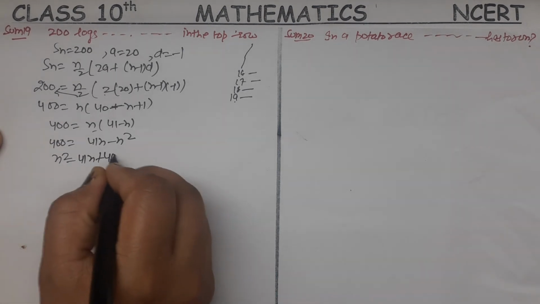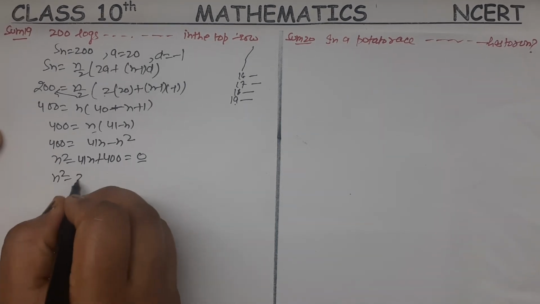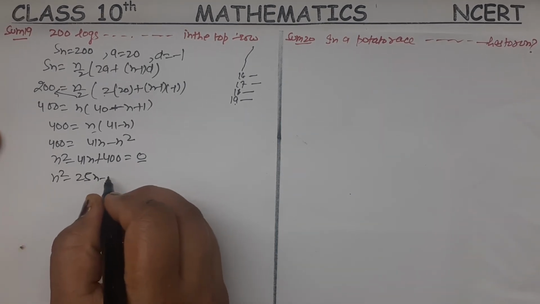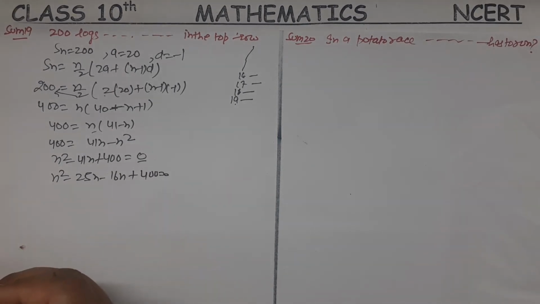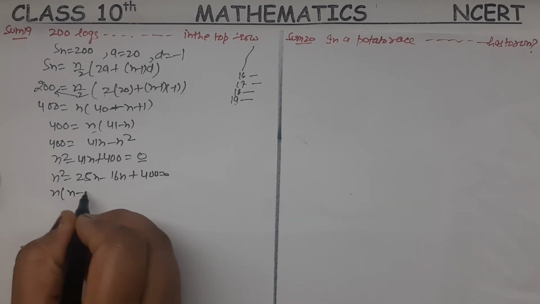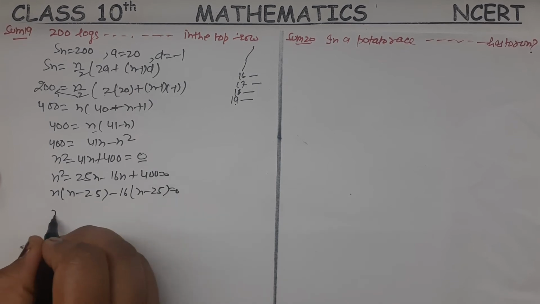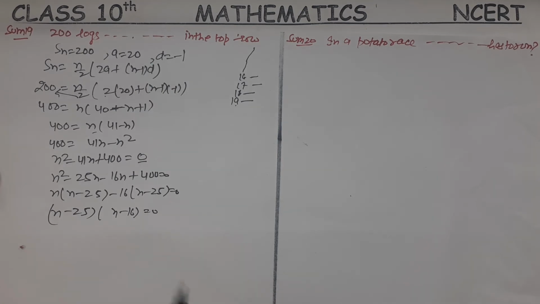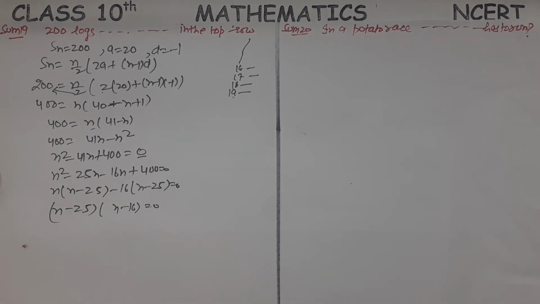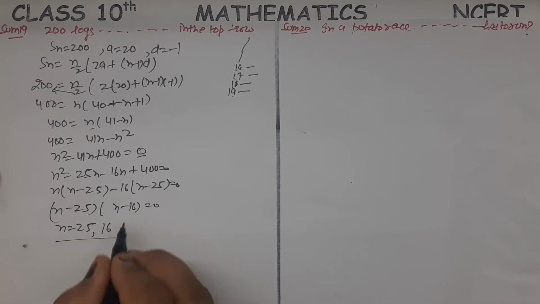Standard form. Make the right hand side 0. Now factorize. Factors are minus 25n, minus 16n. Splitting the middle term, n common, 16 common, (n minus 25) common, (n minus 16). Here n is 25 and 16, both are positive.